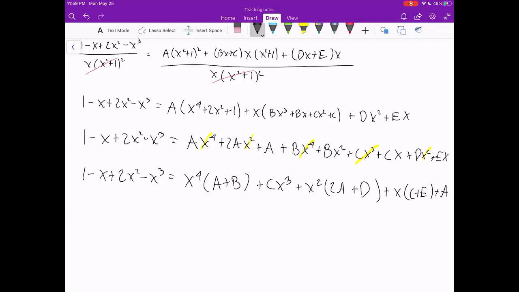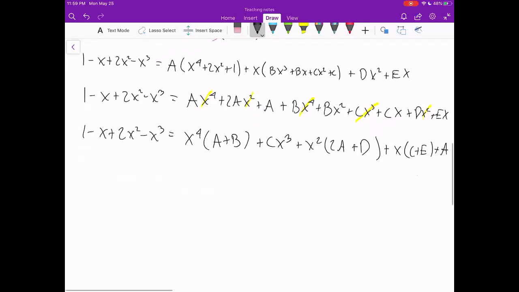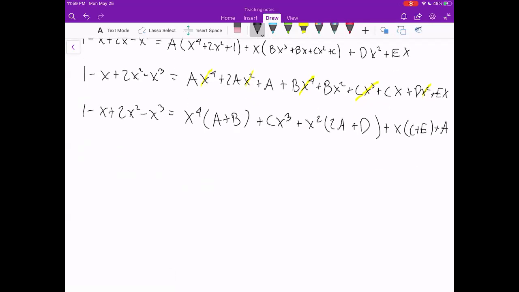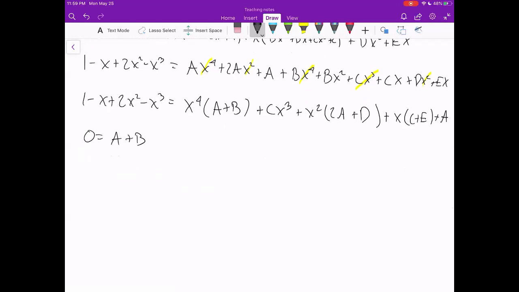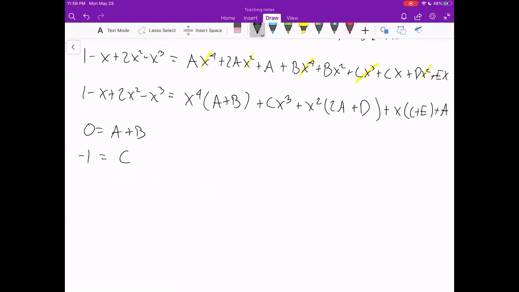So yeah, this is kind of an ugly one. But now I just equate coefficients. On the left-hand side, I don't have an x to the 4th, so it's a coefficient of 0. It's equal to a plus b. The x cubed, on the left-hand side, it's -1. The coefficient on the right-hand side is c.